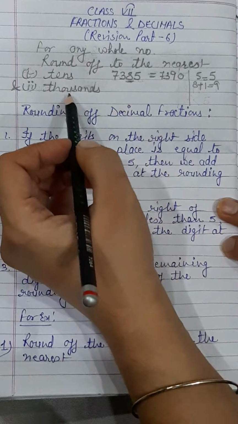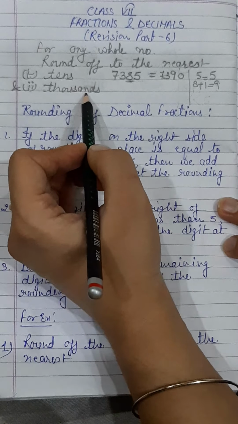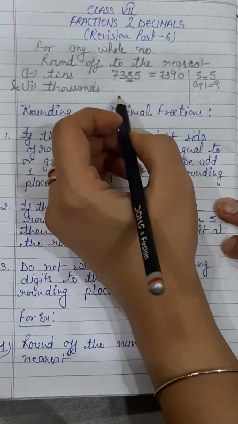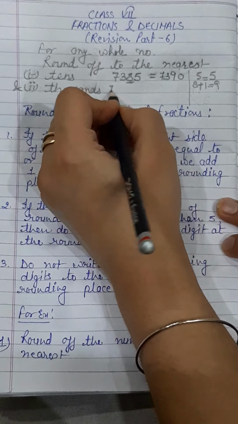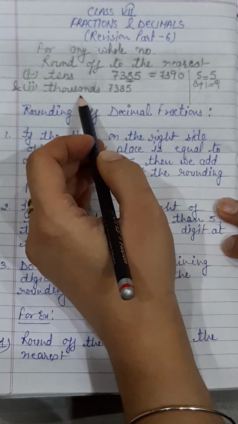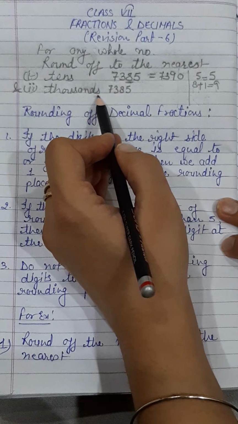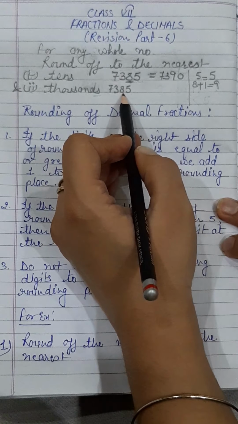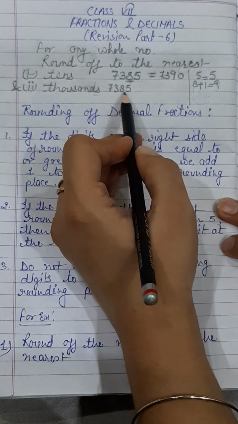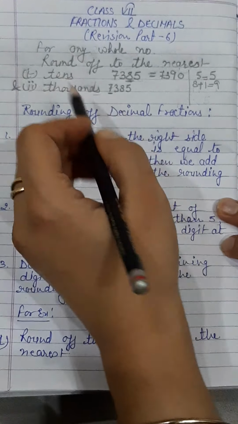And if the same number 7385 you have to round off to the nearest thousands, check: ones, tens, hundreds, thousands, the thousands place is 7. So 7 you have to round off.